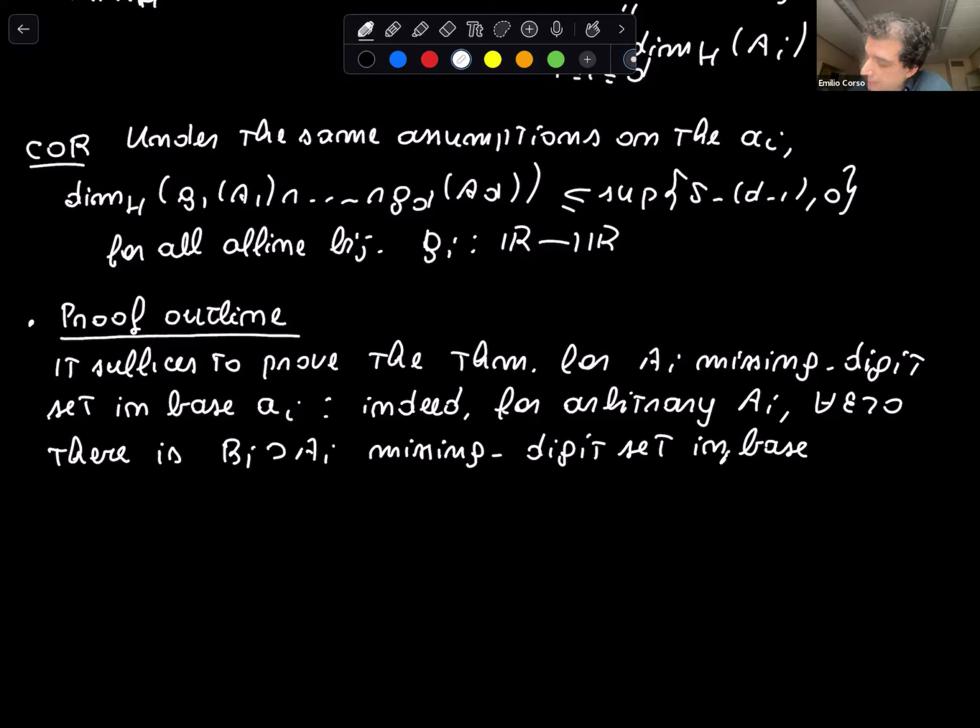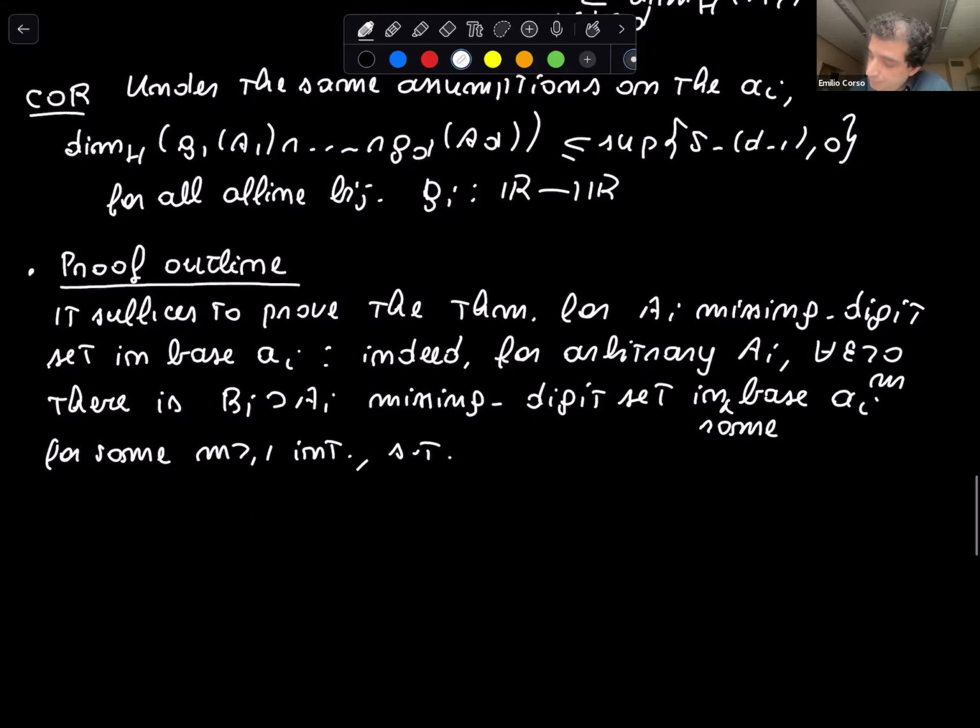So in some base a_i to the m for some integer m, such that the Hausdorff dimensions almost coincide. So the Hausdorff dimension of BI is at most the Hausdorff dimension of AI plus epsilon.